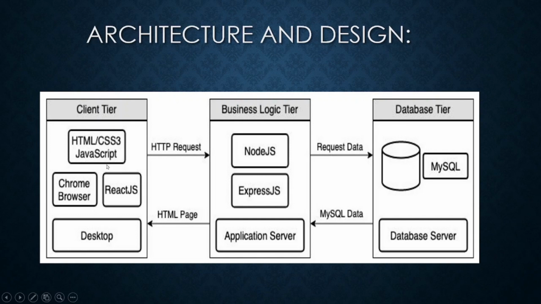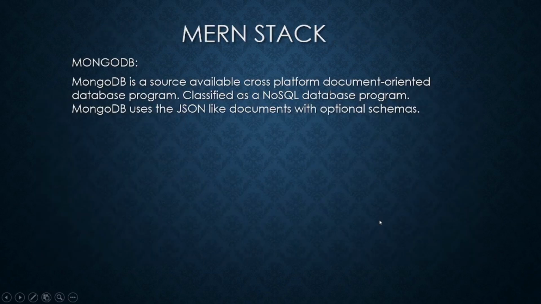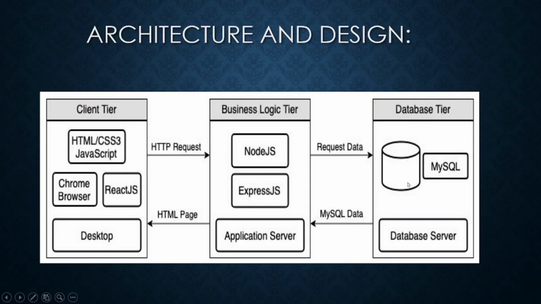This is the client-side framework or the client-side presentation. The middle tier or the business logic, which is the application server tier, is made using Node.js and Express.js. The database tier is made using MongoDB.